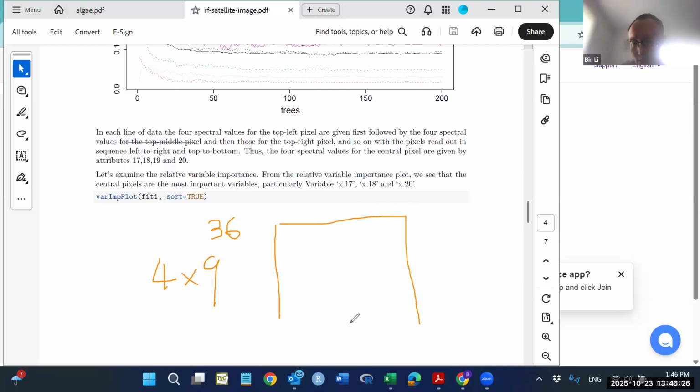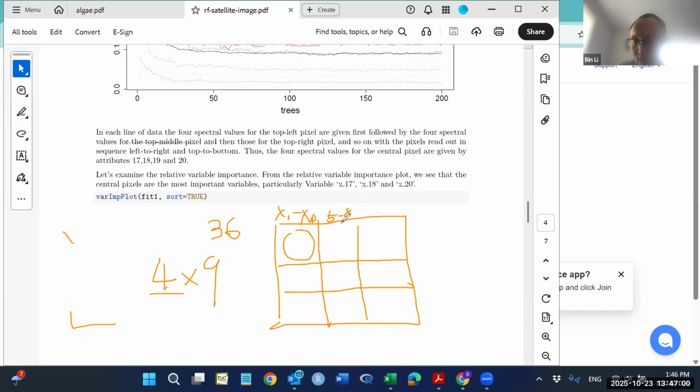The first 4 variables, x1 through x4, are the 4 top left pixel readings from the 4 spectra. Then x5 to x8 are the 4 pixel readings from the top middle one.